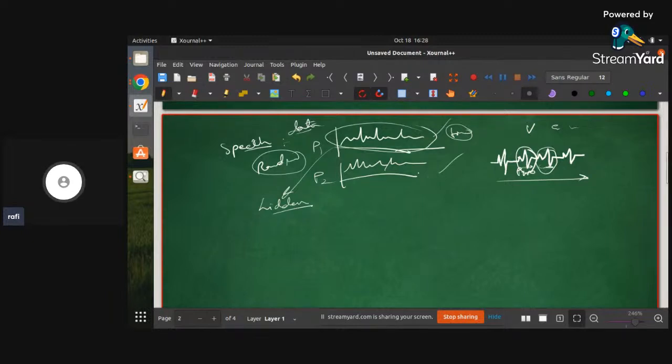But if you plot these waveforms and see them on a screen, you may not be able to differentiate whether the given two waveforms belong to two different speakers or a single speaker. No one can identify that.